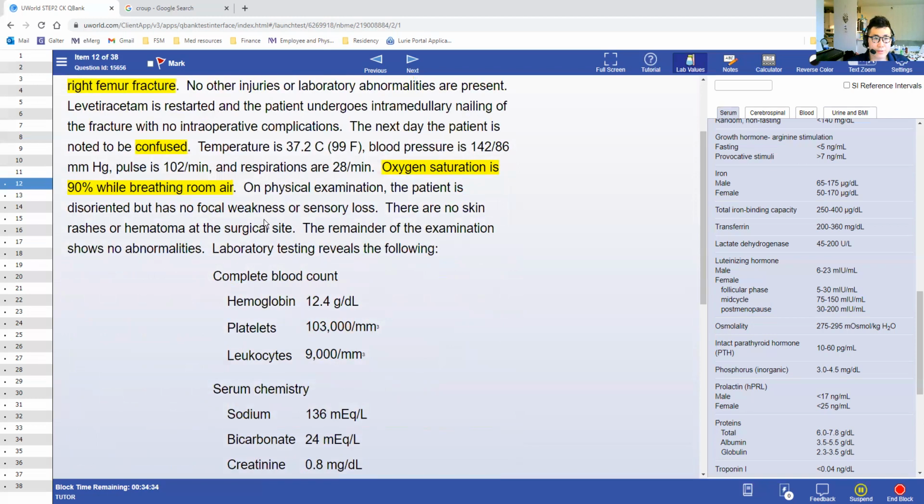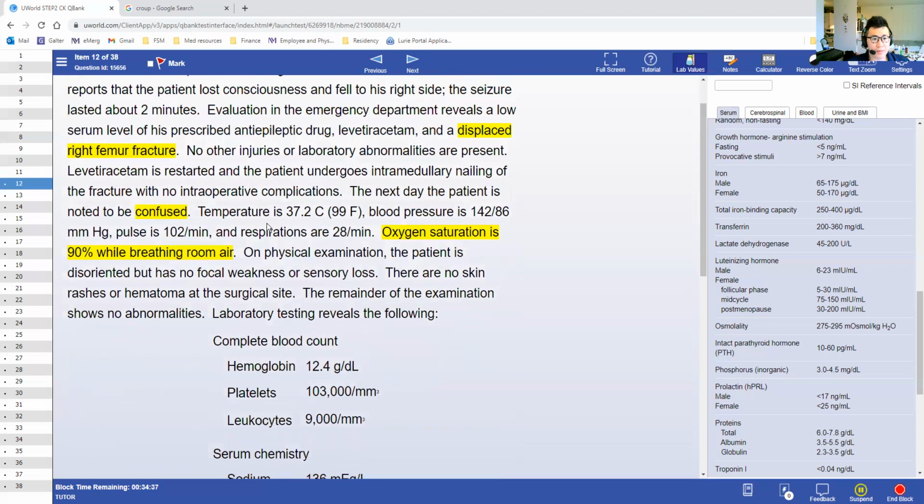The patient is disoriented. I don't know if that's sepsis or delirium or if it's actual fat emboli syndrome or the fact that he had a seizure.